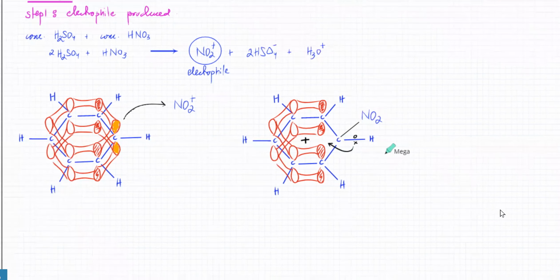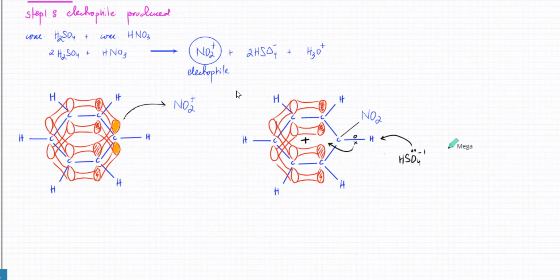And where will the H go? Previously there was HSO4 minus 1 that was produced. So the HSO4 minus 1 is the one that's going to accept that H. If the H leaves, it becomes H plus 1, and the H plus 1 would join with HSO4 minus 1 to form H2SO4 back again.